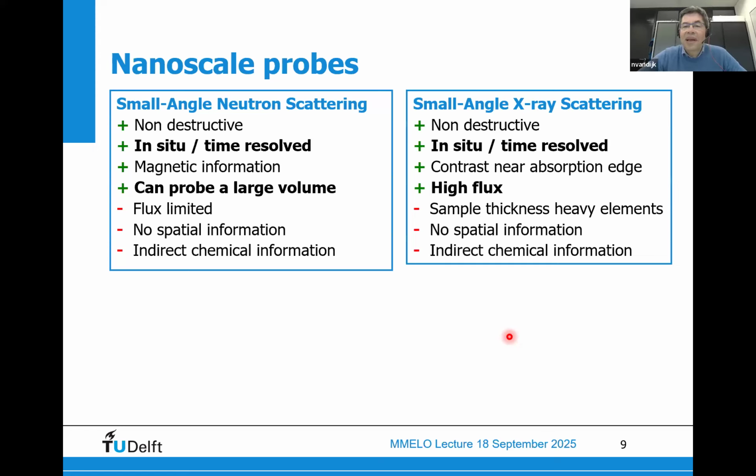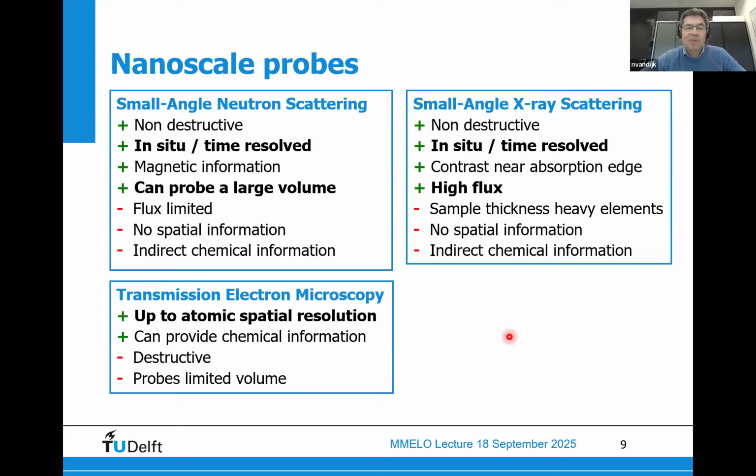If you go to X-rays in metals, typically you need thinner samples because the penetration depth is often limited, but it has a very high flux and you can get very good time resolution.